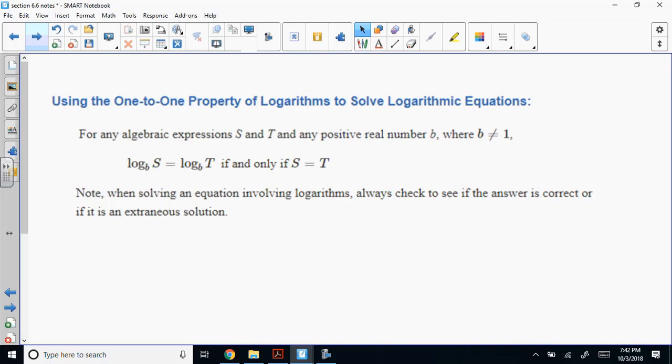Now always check to see if your answer is correct and make sure it's not an extraneous solution, right? Why? Anybody know why? It's the one thing you can't take the log of. That's exactly right. You might solve for something, okay, but plug it back in.